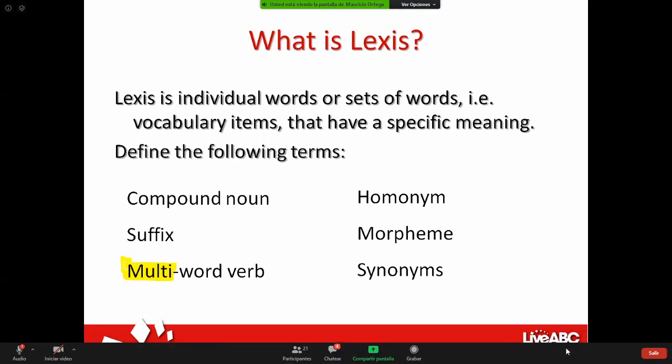For example, if we use the verb to look, we can say look in, if you're checking something inside. We can say look into, that would be like paying a lot of attention, trying to find something or investigating. You can use look up, that would be checking for a word in a dictionary. You can use look up to, that is when you express a lot of admiration for somebody.